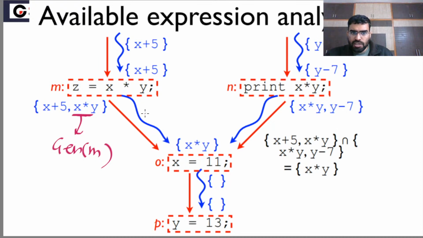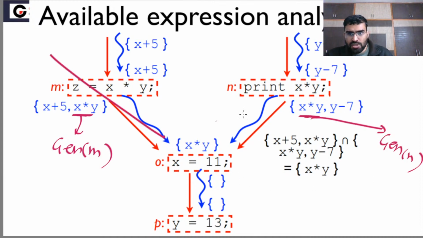And what is killed by m? Everything that contains z is killed. Similarly here you can notice x minus 5 and y minus 7, x into y, which is generated by n.